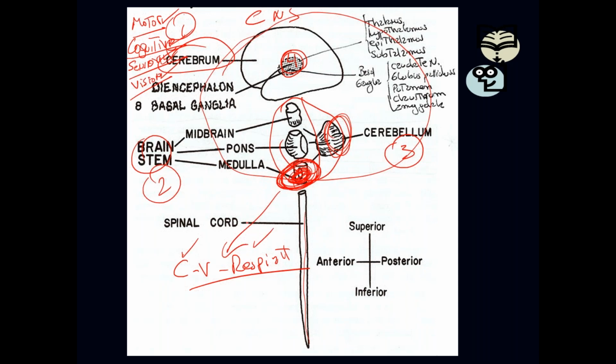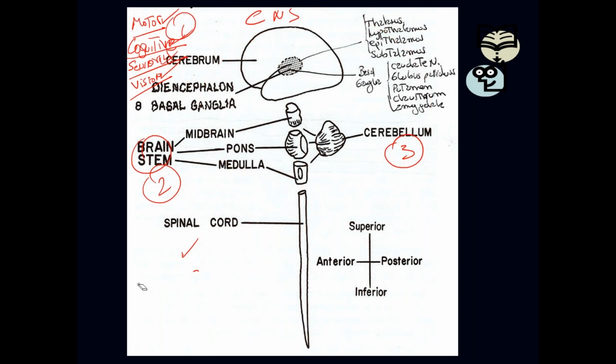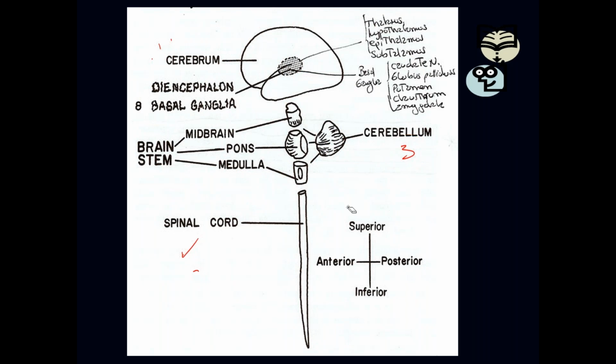All right, so let me see. Here we have the thalamus and the hypothalamus. This is the diencephalon, and the diencephalon is going to contain the hypothalamus.